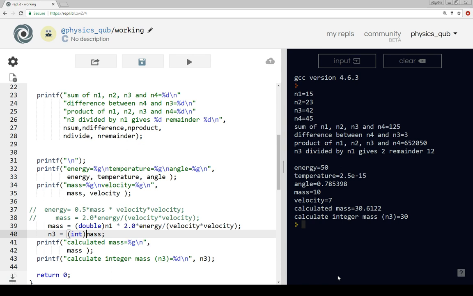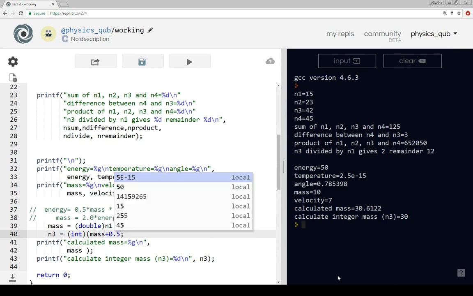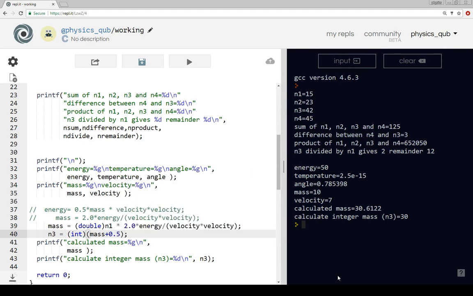We can make the computer do the same thing if we say it's integer of mass plus 0.5. That means if the mass is, say, 30.5 or higher, then the number inside the brackets is going to become 31 point something, up to 31.999 or something. But if the number is less than 30.5, then it will still stay at 30, because even 30.999, you put it in, and when you take the integer, you're just going to get 30.